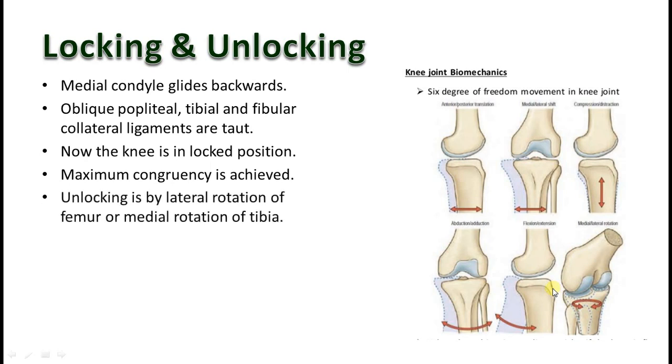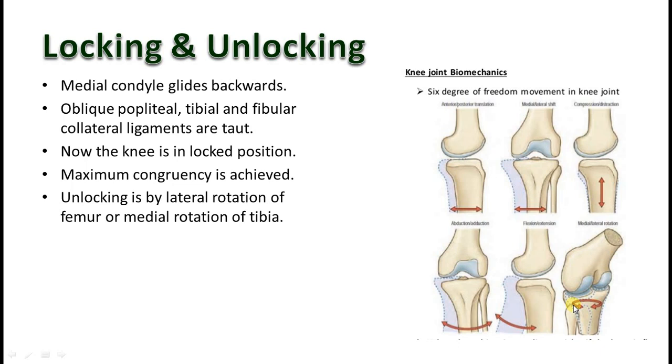Now, unlocking movement is by the lateral rotation of femur. Now, the medially rotated femur, what happens is, it has to laterally rotate. So that means something has to pull the lateral condyle laterally backwards. Now the lateral condyle has moved forwards, medial condyle has glided backwards during the locking mechanism.